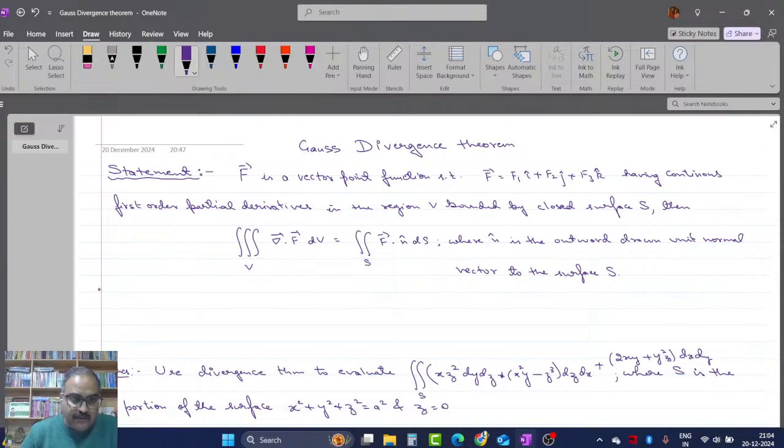It is a relation between surface and volume integral. Okay, so for a double integral we have a relation, and that is said to be Gauss divergence theorem.